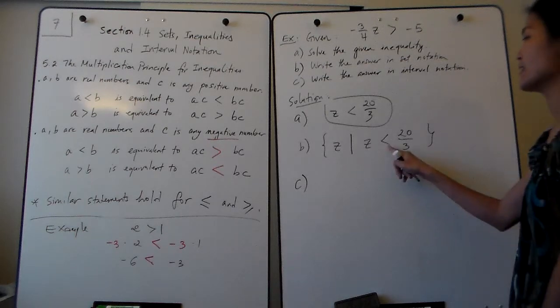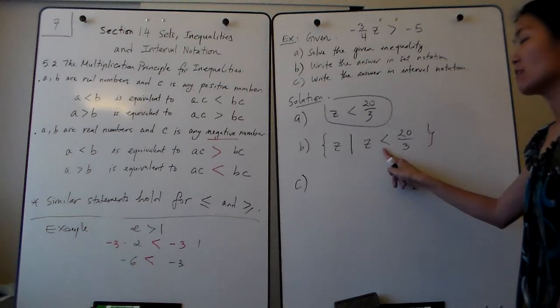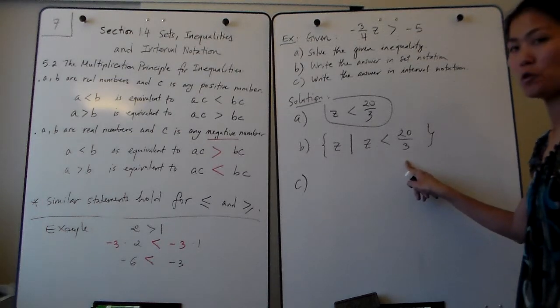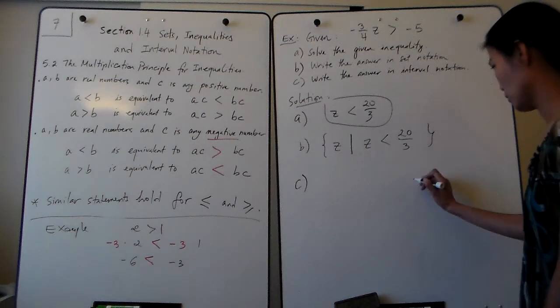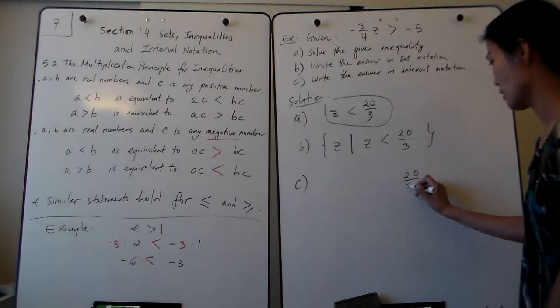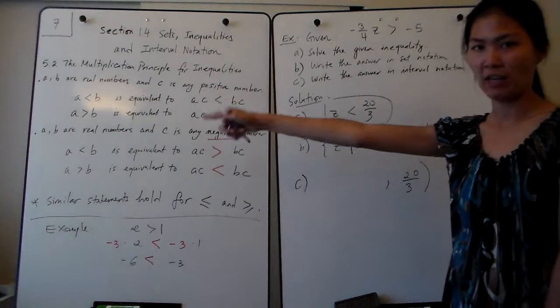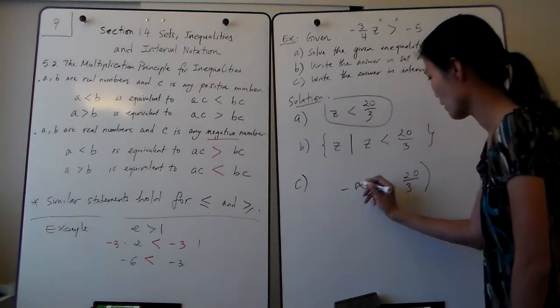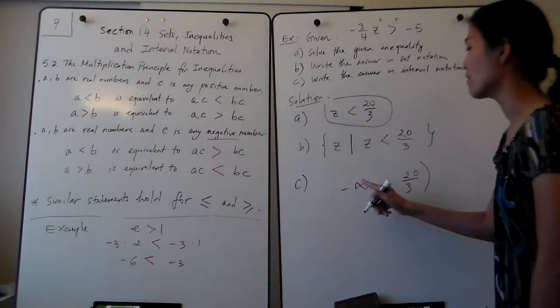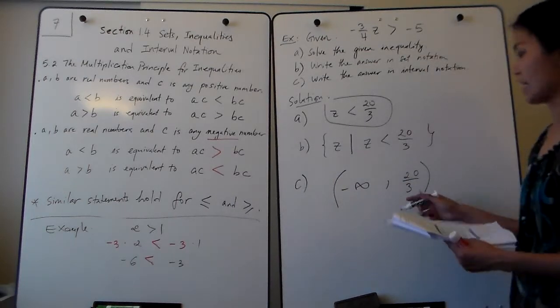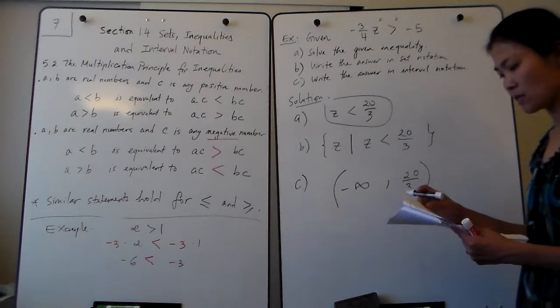And because it's less than, it's not including the right endpoint 20 over 3, so we use a parenthesis instead. So 20 over 3, parenthesis, approaching to the left, negative infinity. And again, for negative infinity, we use the left parenthesis. So this is the answer for part C.